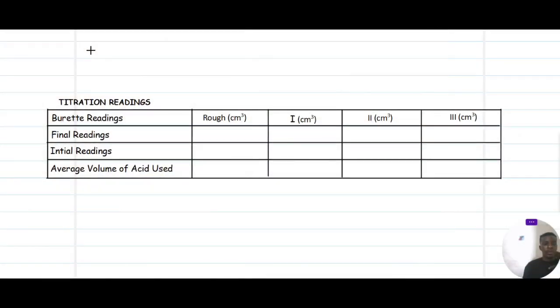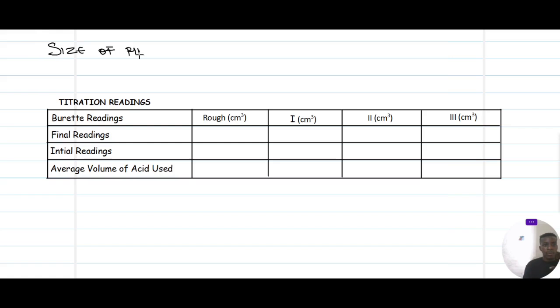All right, so here is how you tabulate your readings. Please take note of this, especially for those of you that are students. You don't just write your table anyhow, or just go over to titration reading and start filling your table. No, this is the first thing you do. And also to chemistry teachers, when you want to educate your students, first you start by stating the size of pipette used.